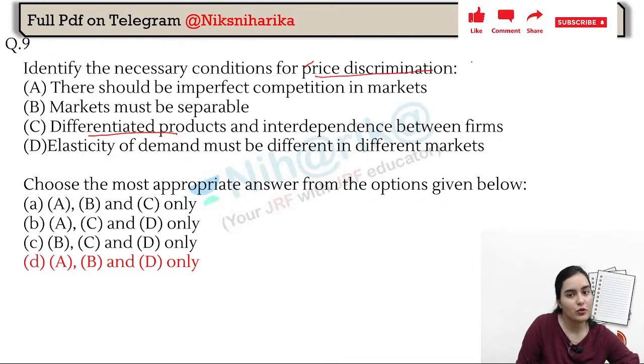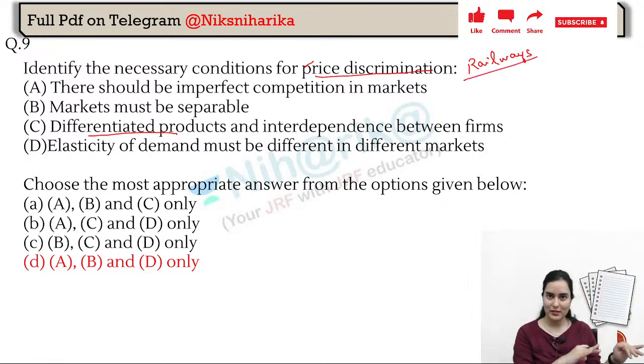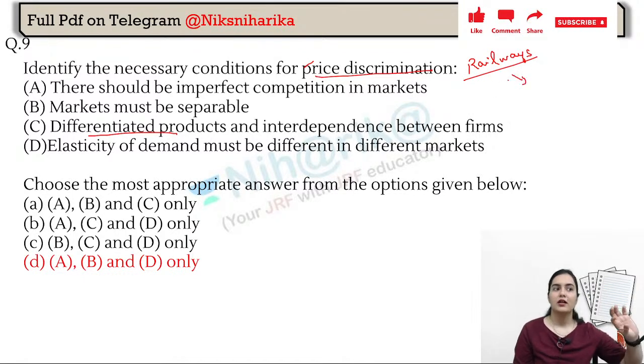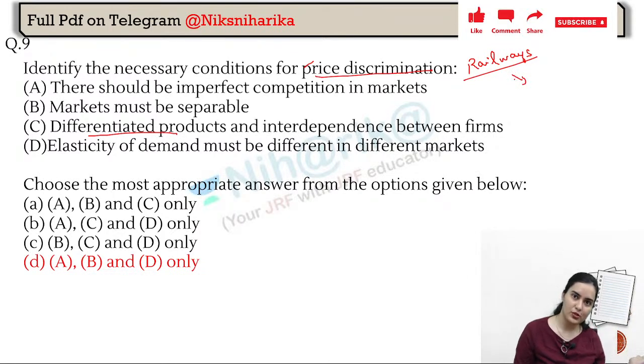I told you to imagine the example of railways. You have one single seat. Even for that single seat, if you book a railway ticket, suppose 4 months before the actual date of traveling, you will get it at a cheaper rate as compared to the Tatkal ticket, the quick ticket that you will book 1, 2, or 3 days prior to traveling.